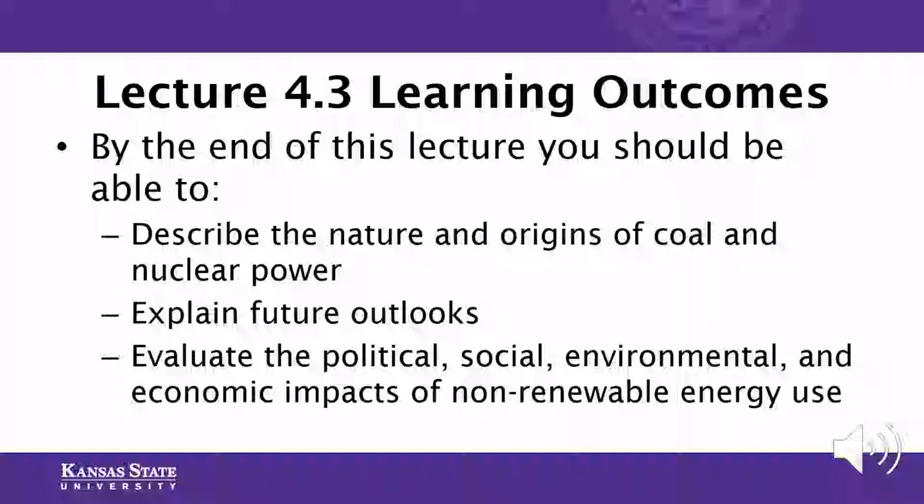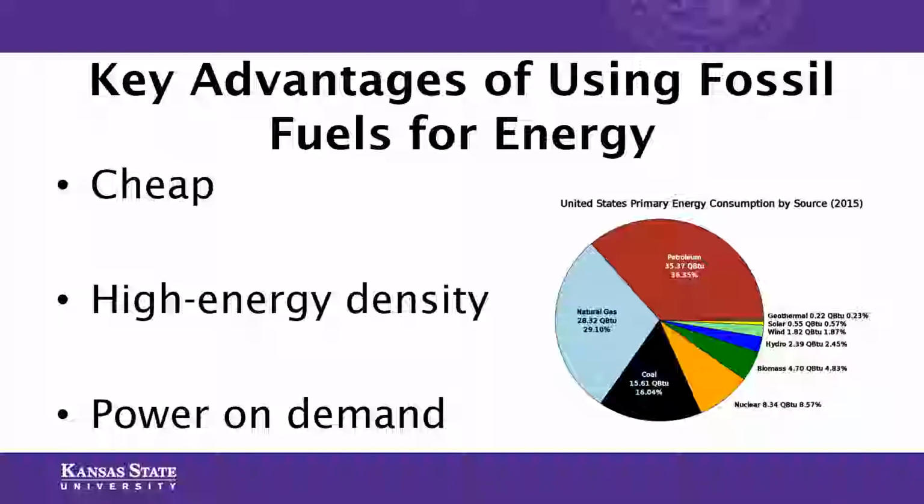So this slide here is just a reminder of a slide that I had last PowerPoint, and it relates to coal as well, and it actually relates to nuclear power as well. The key advantage of using fossil fuels over, for example, solar power or wind power are these three advantages.